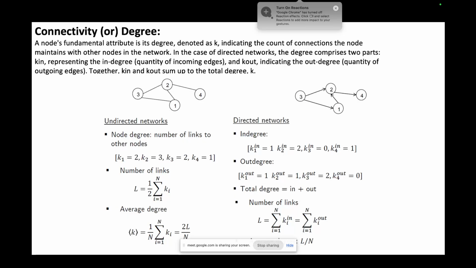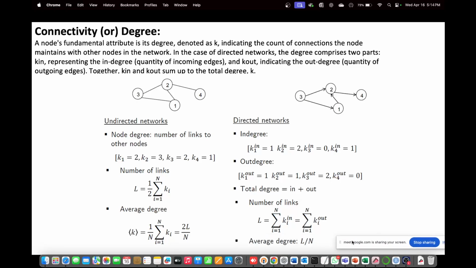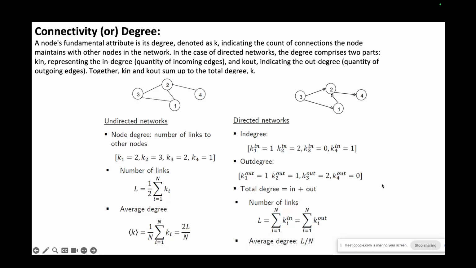So coming to different parameters of graphs. We've discussed this intensively, but still, let me go through it again. First and the most basic parameter of a graph is its degree, or connectivity. The degree of connectivity is defined by K, which is the number of connections the node maintains with other nodes in the network.